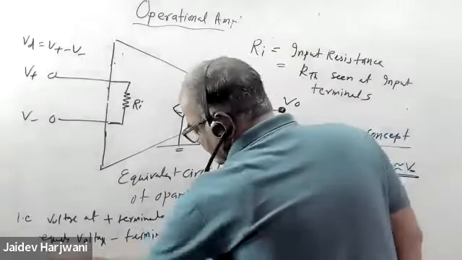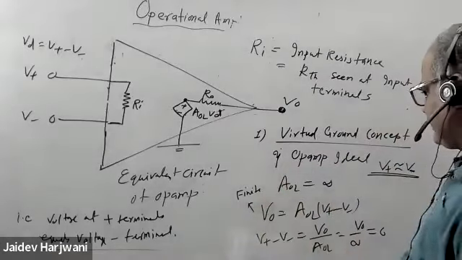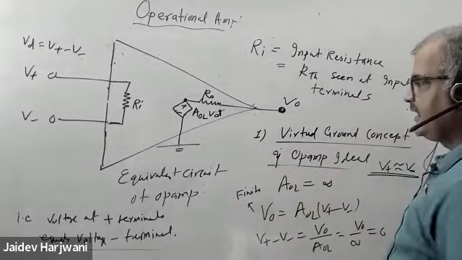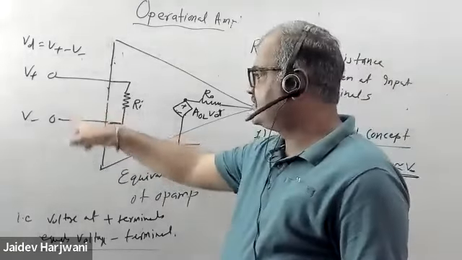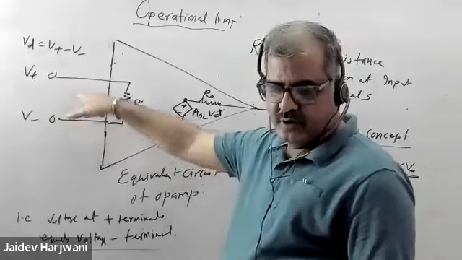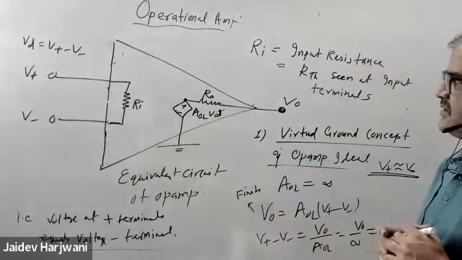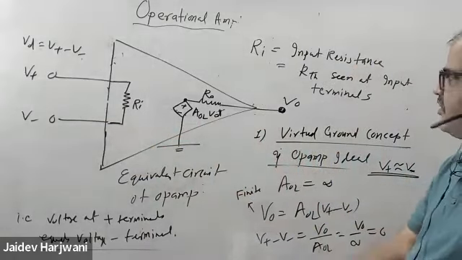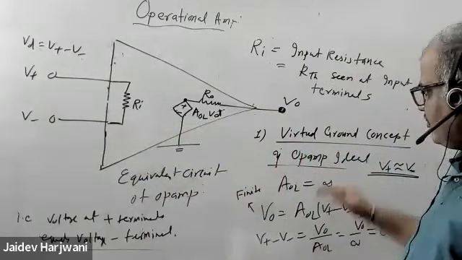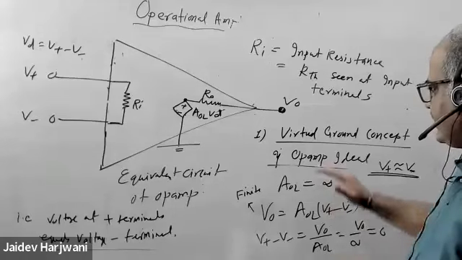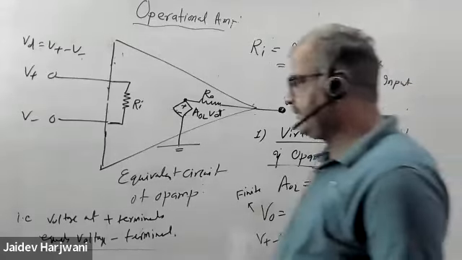Only in the ideal case, if the op amp is ideal, there will be no voltage difference between these two terminals, or negligible voltage difference. So this is the first property, called the virtual ground concept.